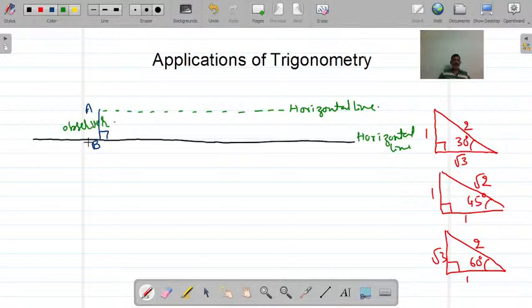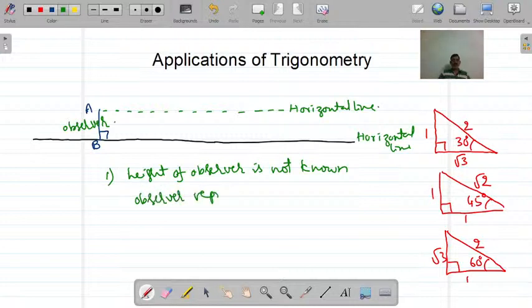While coming to the observer, there is one more interesting point you have to understand. That is, if the height of the observer is not known, at that time simply we represent the observer with a point.